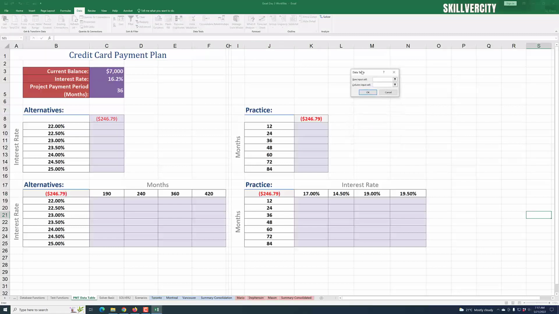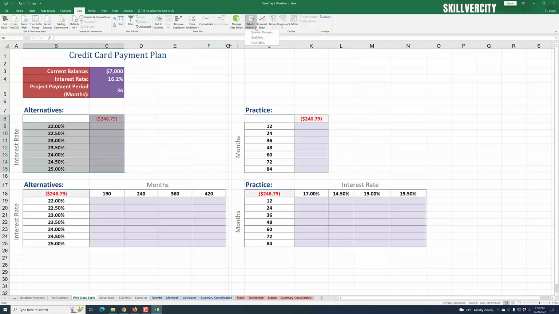This little table here appears. Right before we do that, let's cancel this. We needed to select the table that we want to ask the question of. So now that I've selected the table, I can now go to the drop down here under the what if analysis and click on data table.